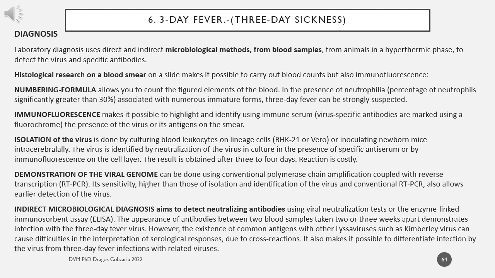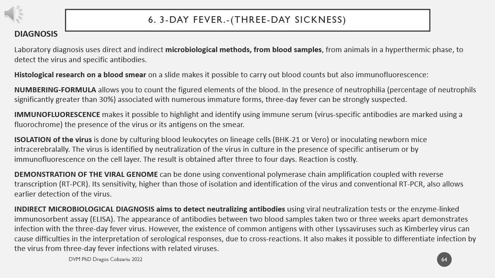Isolation of the virus is done by culturing blood leukocytes on lineage cells, BHK21 or Vero, or inoculating newborn mice intracerebrally. The virus is identified by neutralization of the virus in culture in the presence of specific antiserum or by immunofluorescence on the cell layer. Demonstration of the viral genome can be done using conventional polymerase chain amplification coupled with reverse transcription, RT-PCR.